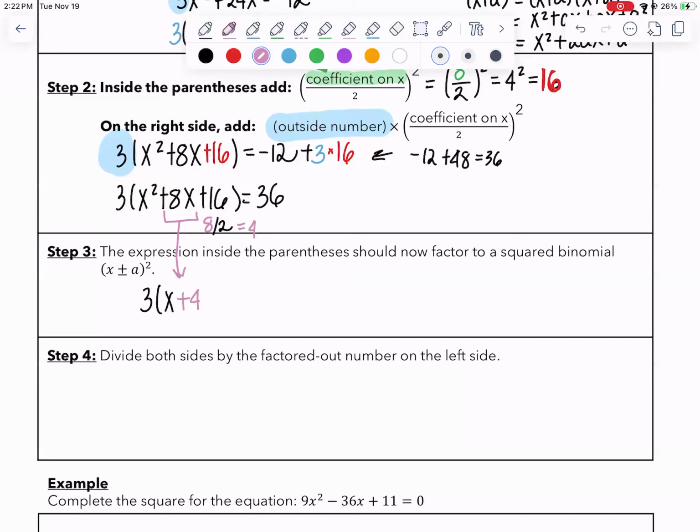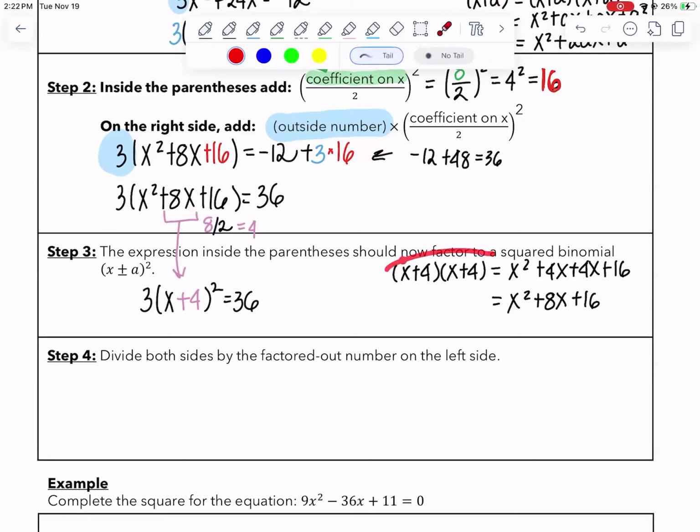This is going to factor into x plus 4 quantity squared equal to 36. And as proof of that, x plus 4 times x plus 4 is x squared plus 4x plus 4x plus 4 squared, which is 16. So x squared plus 8x plus 16 does factor into x plus 4 squared.